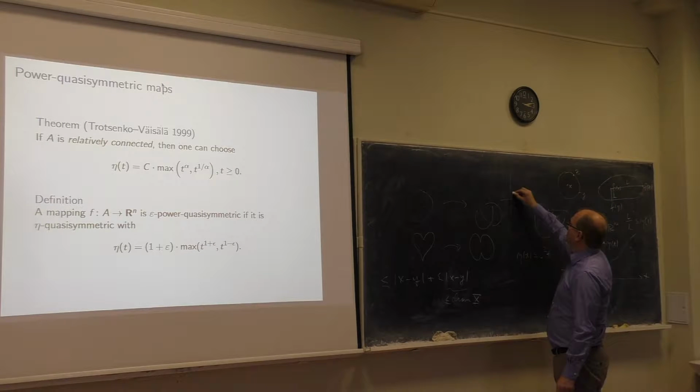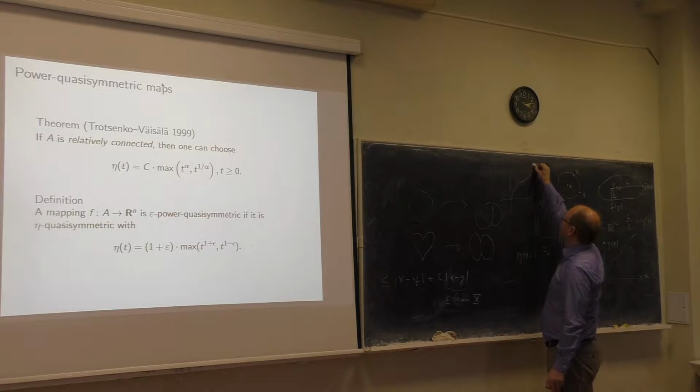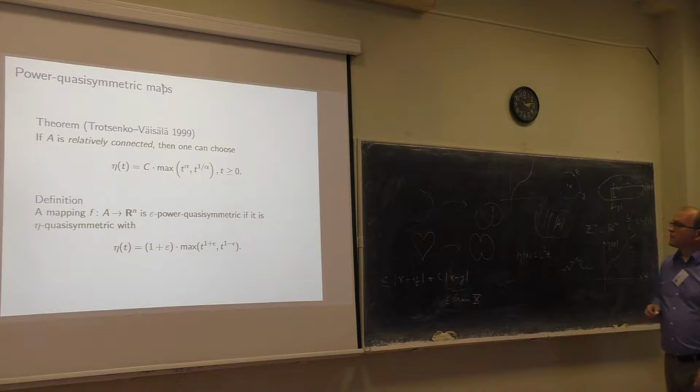It's first like square root and then x squared, something like that, with some constant c. Relatively connected contains all connected sets. It contains all self-similar Cantor sets, so it can be really disconnected, but in some controlled way.